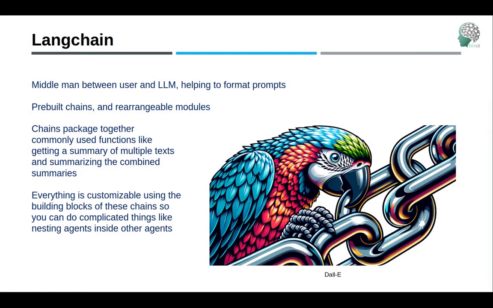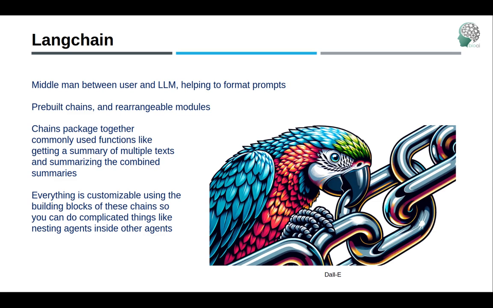So Langchain, this framework that helps you build these LLM-powered tools. It's kind of a man in the middle between the user and the OpenAI API if you're using OpenAI. So it can be used with many different kinds of large language model providers like Hugging Face and others. But most of the features are just prompt engineering.